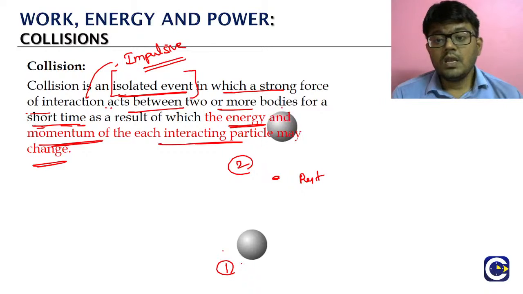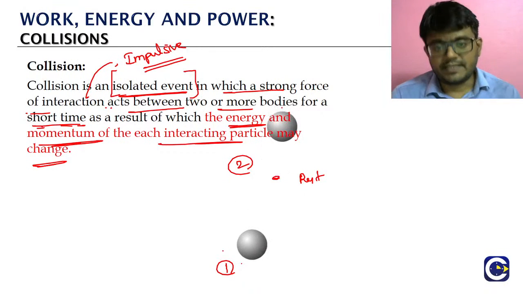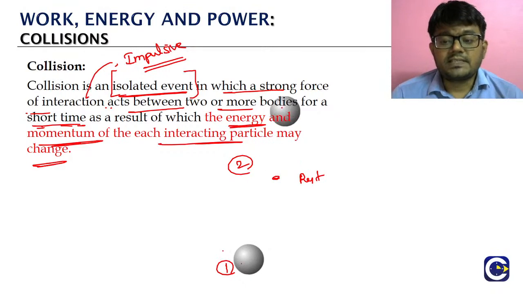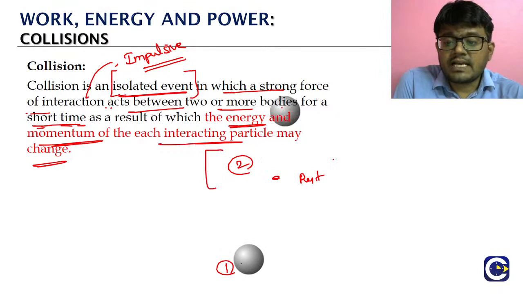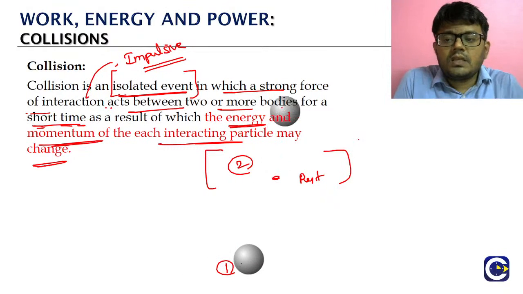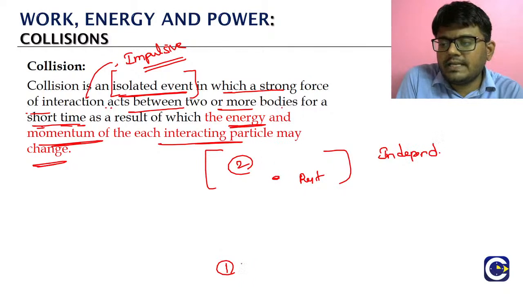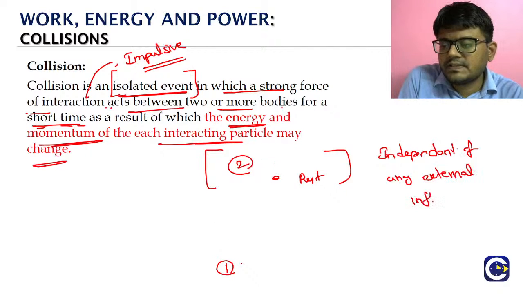Now let us see why we are calling it an isolated event. Isolated event means that when this collision phenomenon is occurring, it is supposed to be independent of any external influence.